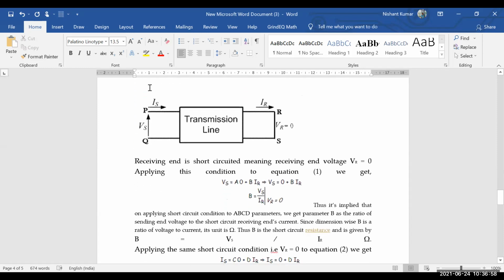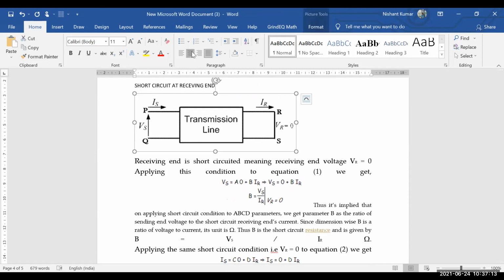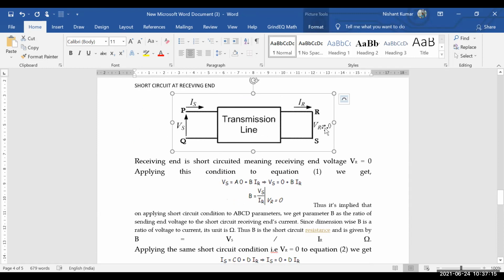Now the other case is short circuit at the receiving end. This is your network: VS, IS, IR, VR. Now the receiving end is short circuited, meaning the receiving end voltage VR equals zero.